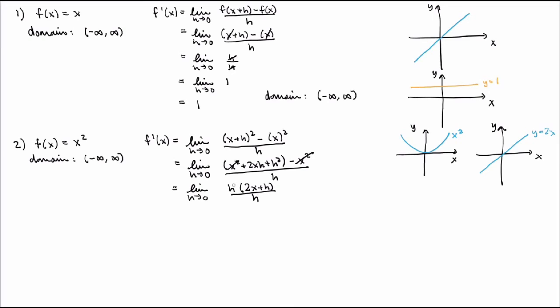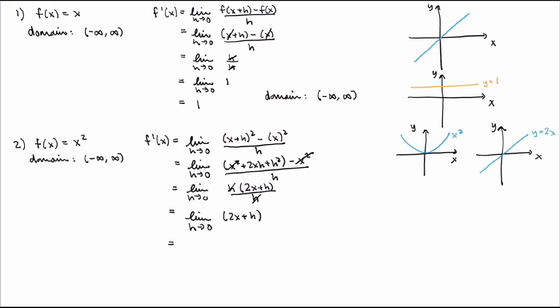Just as before, I can divide upstairs and downstairs by h, because I can assume h is not 0 inside the limit. I end up with the limit as h goes to 0 of 2x plus h. Now remember, this is a limit in h, so 2x is a constant here. So if you go back to the flowchart that we saw when we evaluated limits, if I just substitute h equals 0 here, well, I just get 2x, which is perfectly well defined.